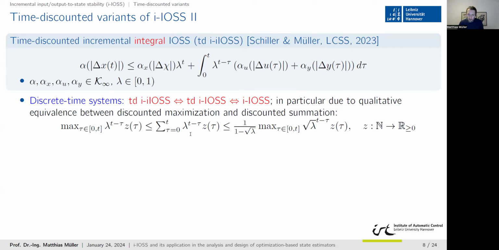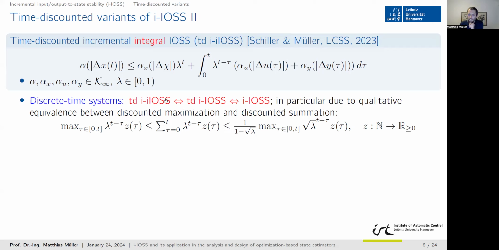Then what I can do is split up this factor lambda to the t minus tau into two factors, square root of lambda to the power of t minus tau times square root of lambda to the power of t minus tau. Then I pull out one of these factors times the maximum out of the sum, and for the rest use the geometric series to arrive at this being less than or equal to 1 over 1 minus square root of lambda times, again, the maximum. So this basically shows what I said, that in discrete time, discounted maximization and summation are qualitatively equivalent.